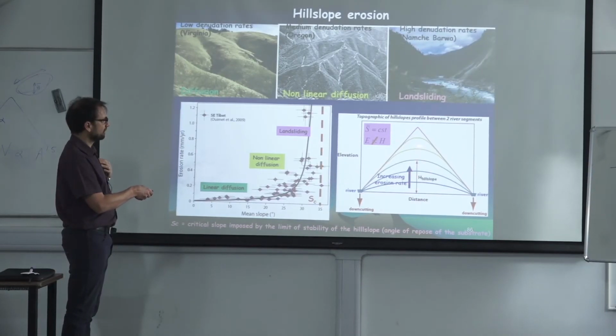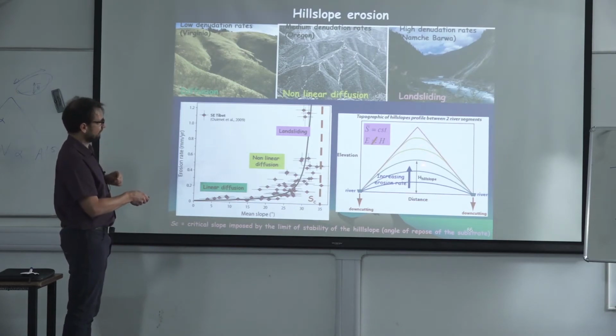This curve is the steady state shape for increasing uplift rate: low uplift rate, steady state shape at intermediate uplift rate, steady state shape at high uplift rate. In that case we have a steady state, so the river is downcutting at the same rate as the uplift rate. So obviously the river is your boundary condition for your system.